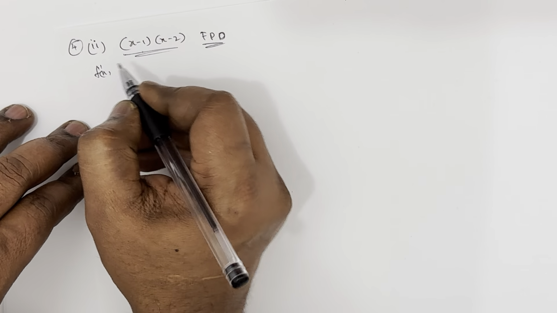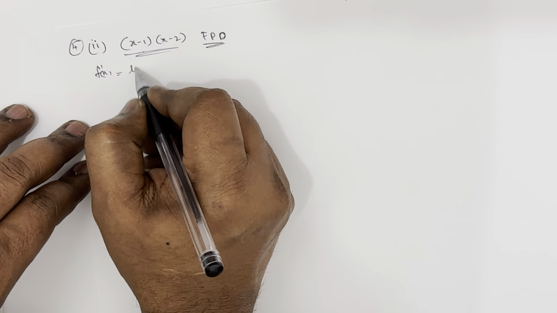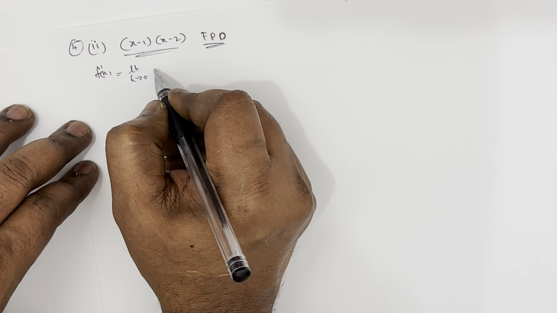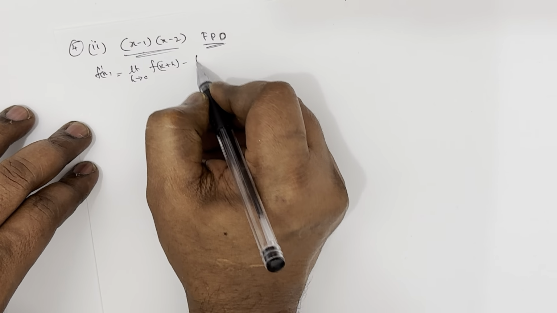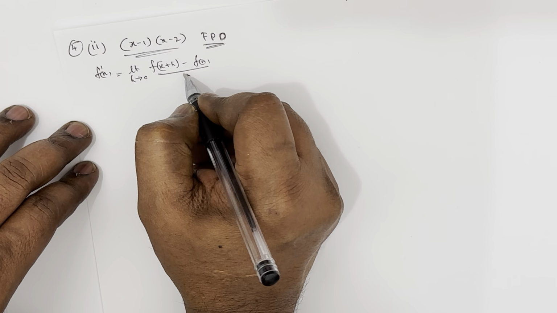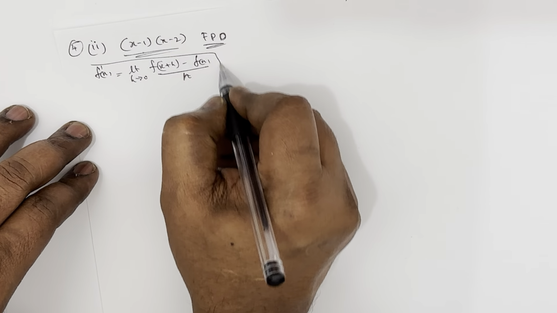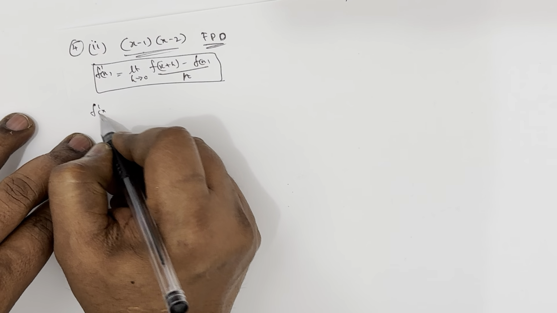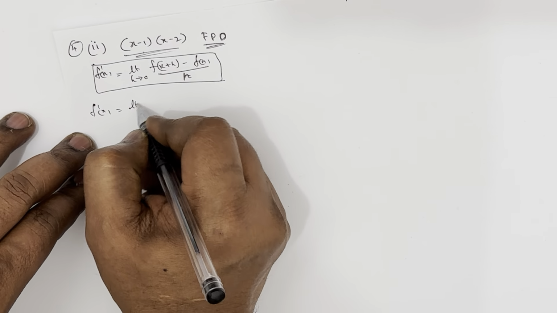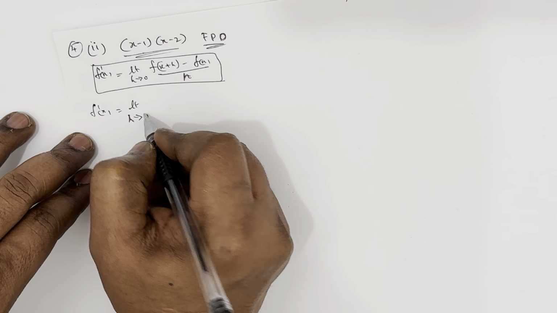So we know the formula f dash of x is equal to limit h tends to 0 f of x plus h minus f of x upon h. So expanding we get f dash of x is equal to limit h tends to 0.